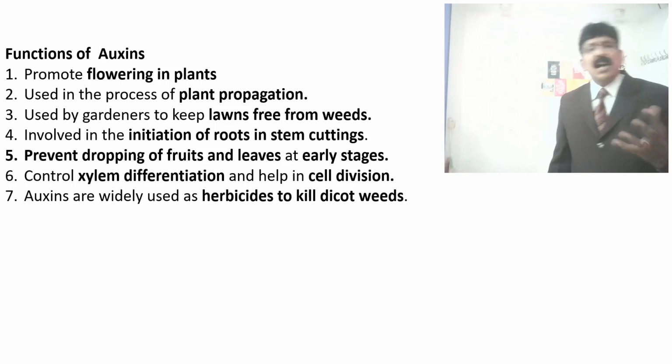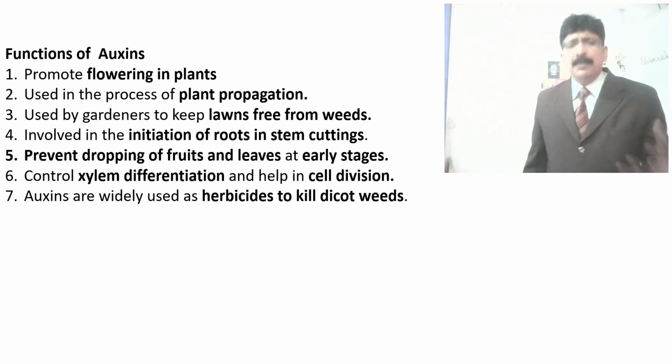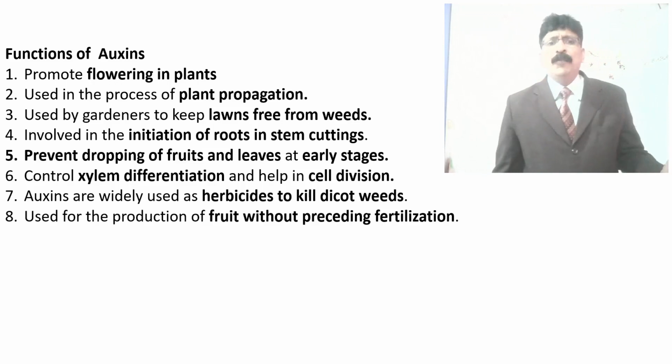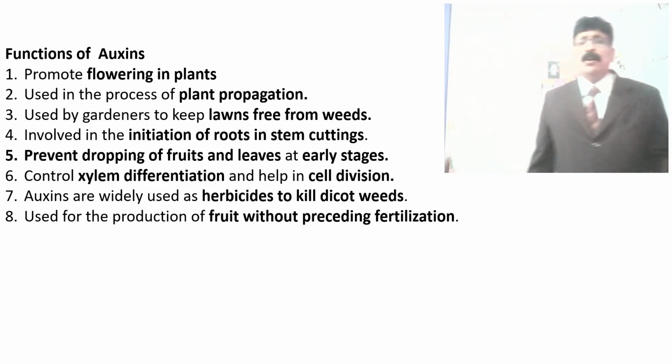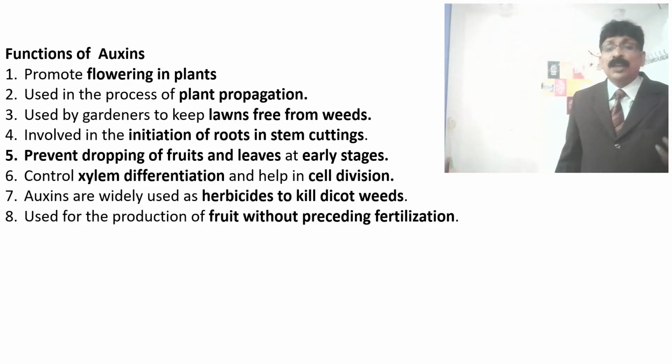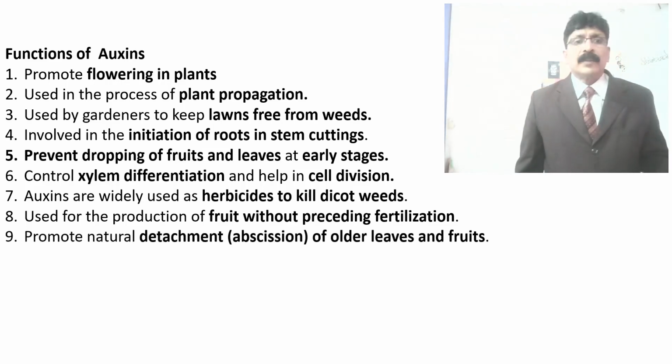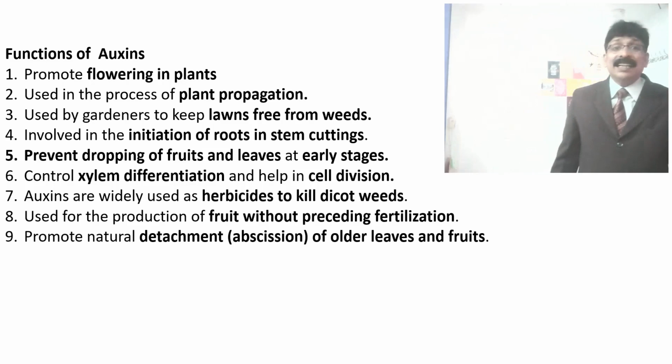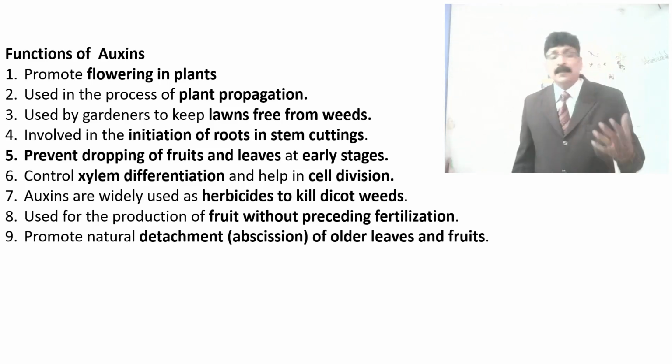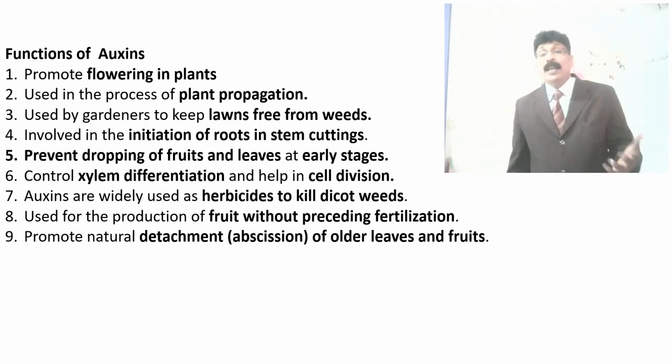Auxins are widely used as herbicides to kill dicot weeds, used for production of fruit without preceding fertilization, and promote natural abscission of older leaves and fruits.